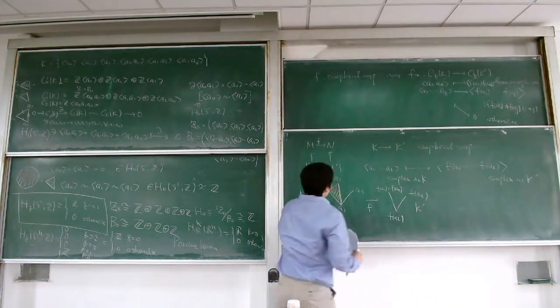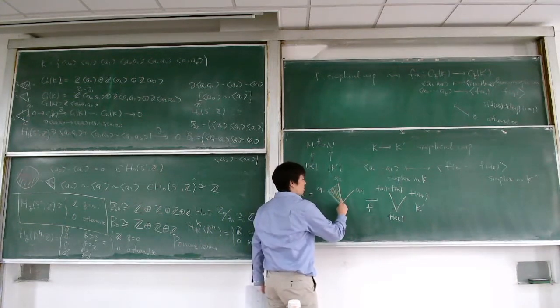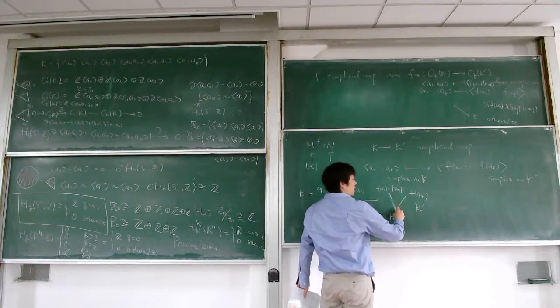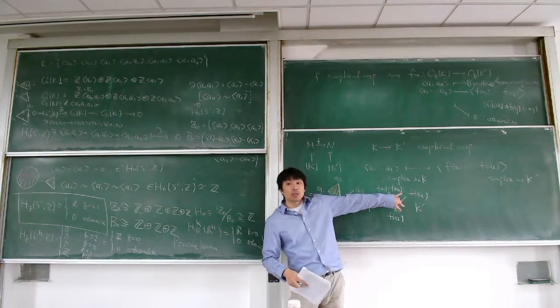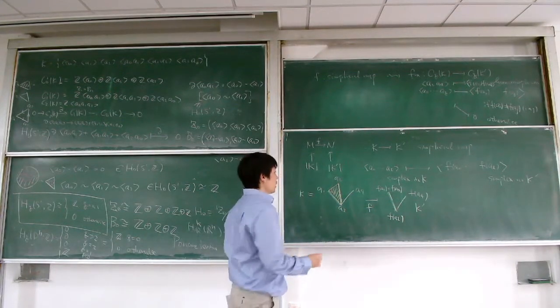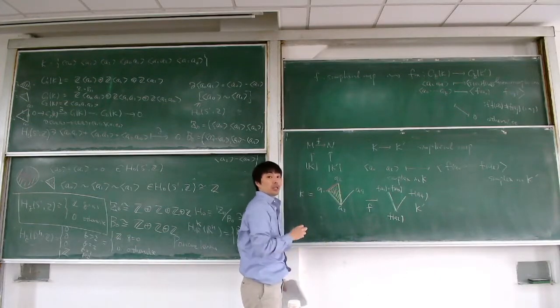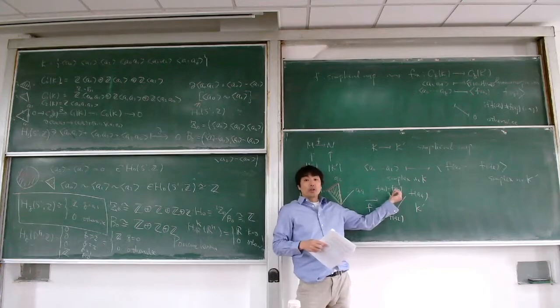So if you consider this edge, the 1-simplex is mapped to this simplex, so it's a non-trivial induced map. On the other hand, there is a 1-simplex here that collapses to the point here.